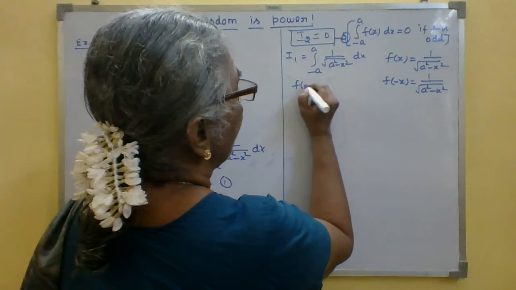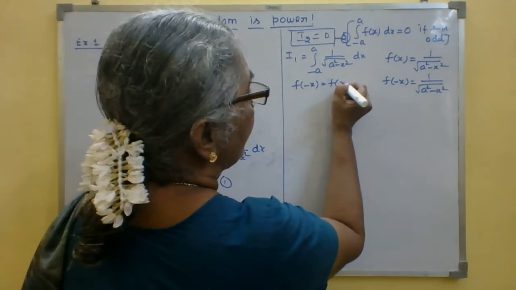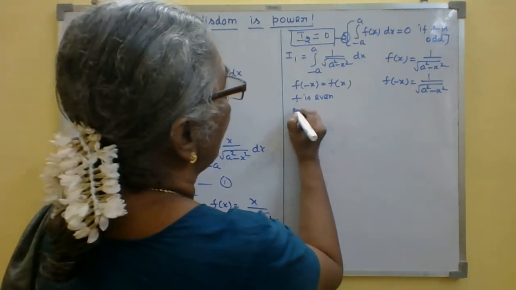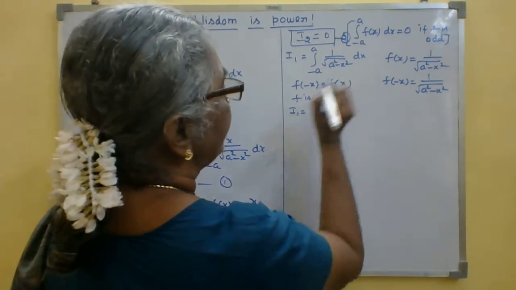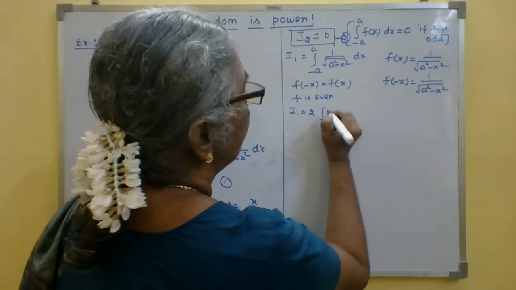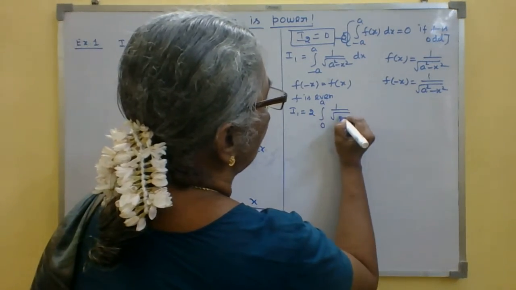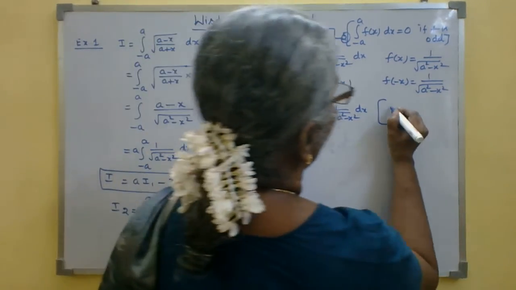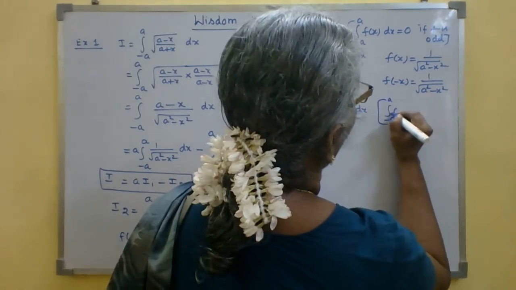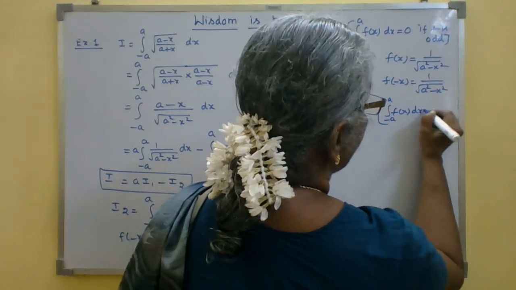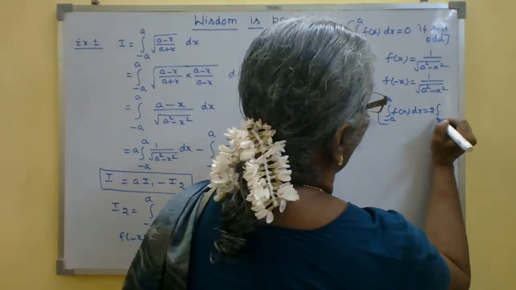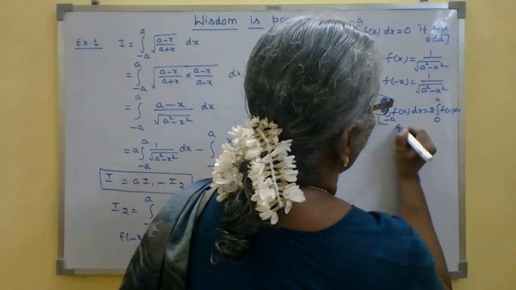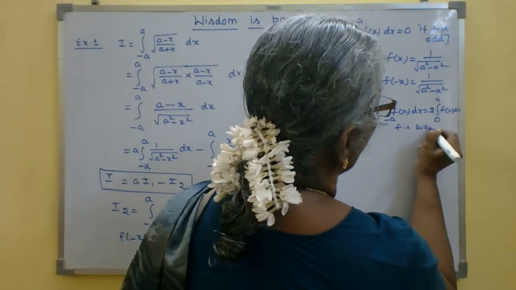So f of minus x is equal to f of x, so f is even here. So I1 becomes, by that property, twice the integral from 0 to a of 1 by root of a squared minus x squared dx. Let us write that property here: integral from minus a to a of f of x dx is equal to twice the integral from 0 to a of f of x dx if f is even.